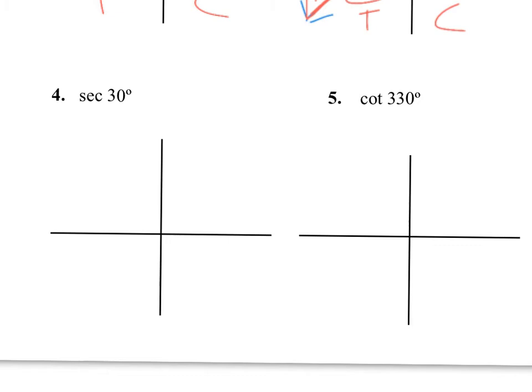Alright, so now we're getting into the reciprocal functions. Remember, ASTC only applies to sine, cosine, and tangent. So I'll tell you how to figure out the reciprocal ones. So there's our initial side. We're not going to go very far. We go 30 degrees.